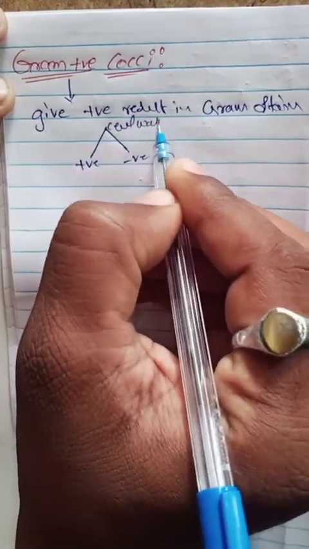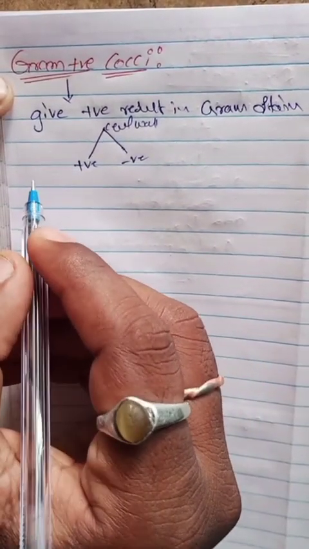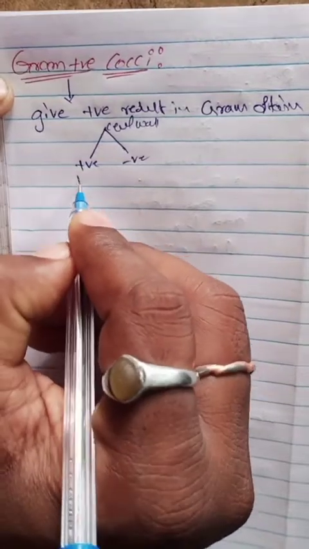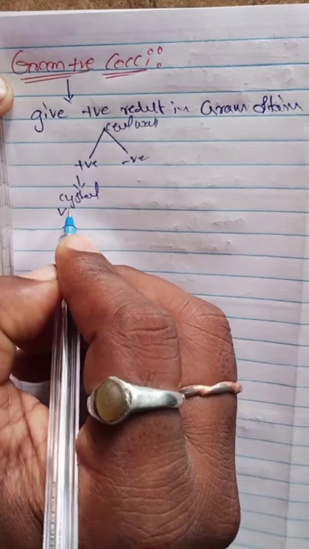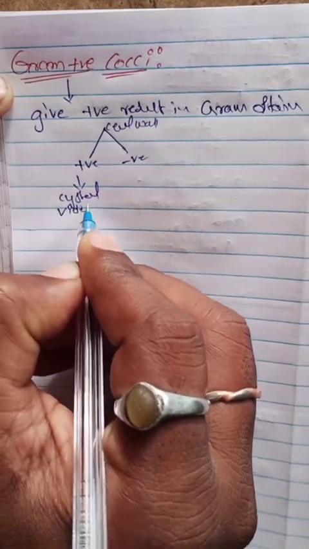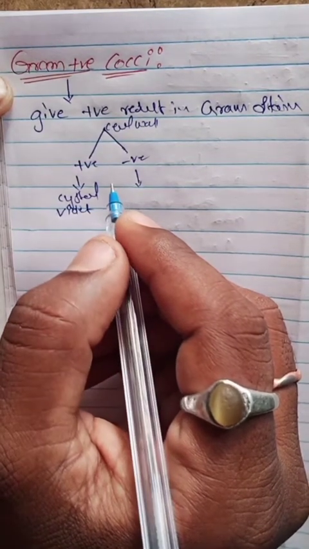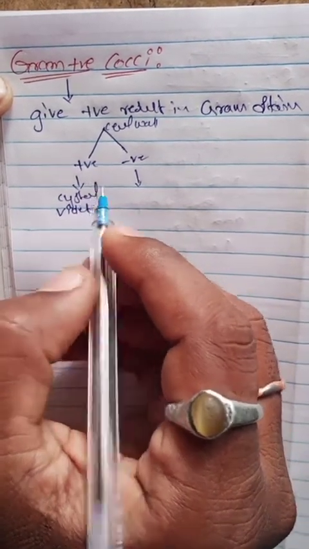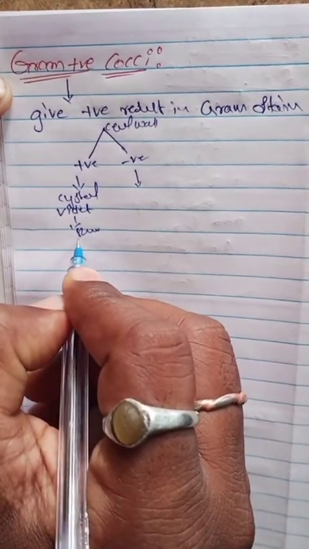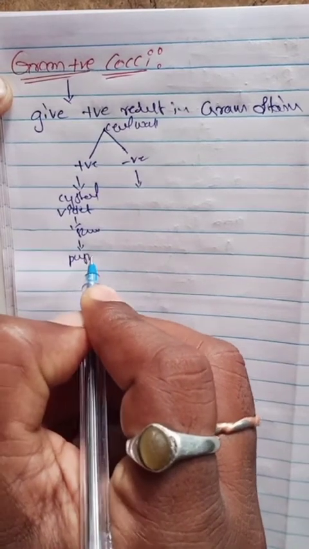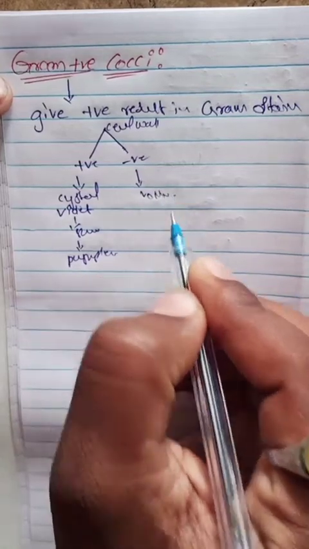Gram-positive bacteria take up the crystal violet stain, so the purple color appears. In gram-negative bacteria, the violet color does not remain.